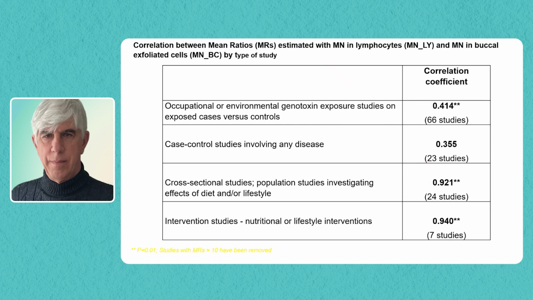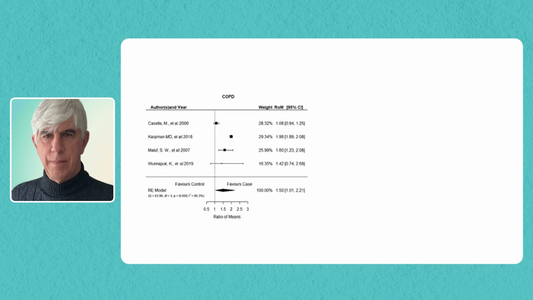So the correlation is 0.9, 0.94, 0.92. That means that you measure essentially the same damage, even if you use very different tissues, which is very interesting. That means you have to pay a lot of attention, because you may select one tissue or another depending upon the kind of exposure and the kind of population that you want to investigate.